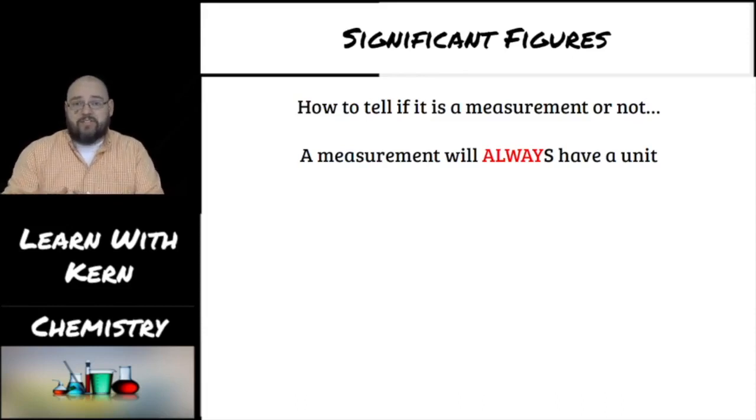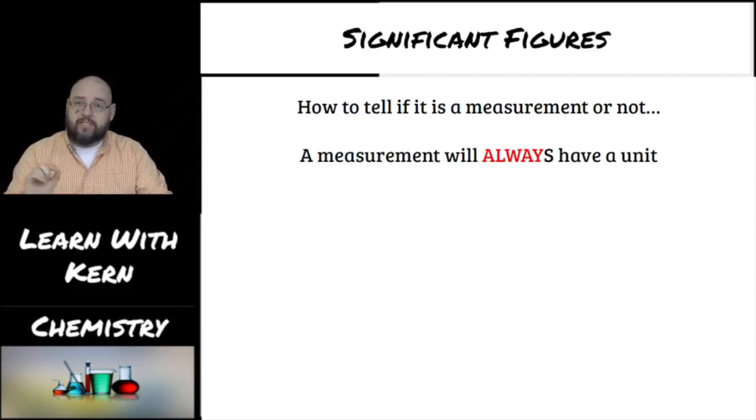But in science, our numbers all have meaning. They represent actual objects, actual things. So I can't just say 12, I have to say 12 grams because 12 grams actually has meaning. The number 12 is just a number, and numbers are abstract. They don't have any actual meaning in and of themselves. So 12 grams means something, but without the unit, the number is pointless.